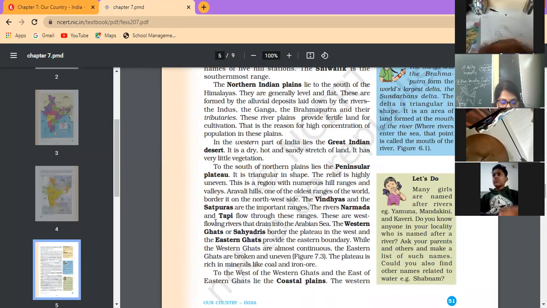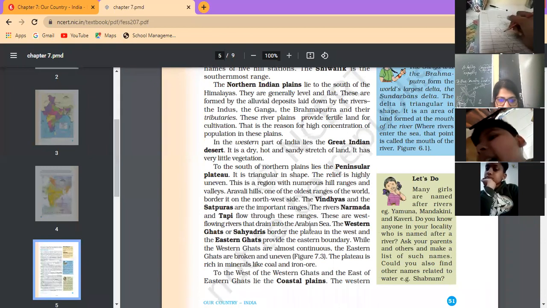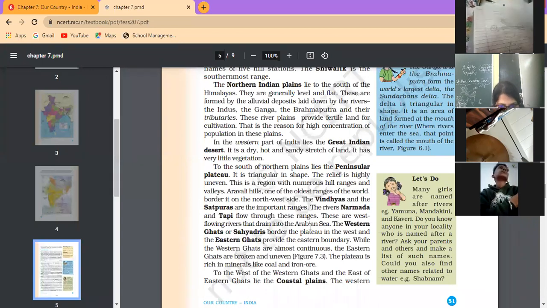Which rivers flow in this area? Narmada and Tapti flow along these ranges, and they are west flowing rivers that drain into the Arabian Sea. The Western Ghat, Sahyadri, is the border of the plateau in the west, and the Eastern Ghat is the eastern boundary.